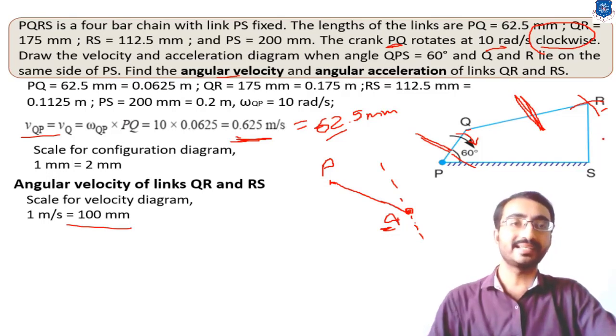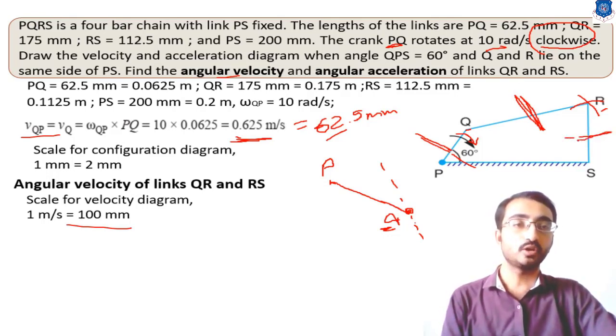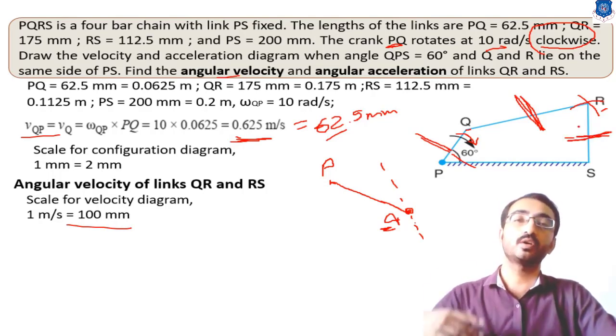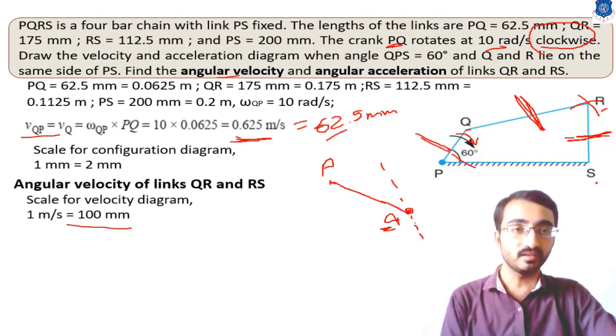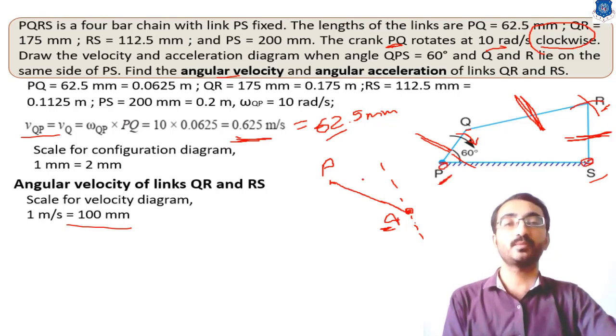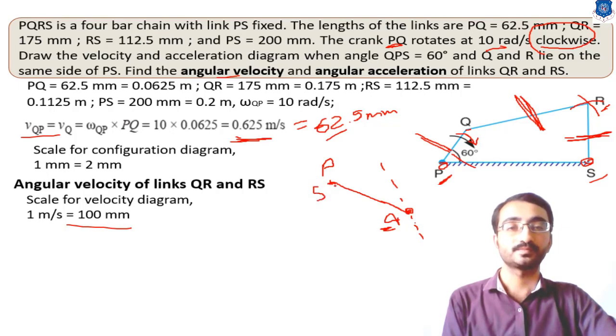Now another one, the direction of velocity of RS. That will be perpendicular to the RS length, so we can simply say it is in a horizontal direction, starting with point R or point S. In this mechanism, P is a fixed point, and similarly S is also a fixed point. So P and S are both considered as a single point.